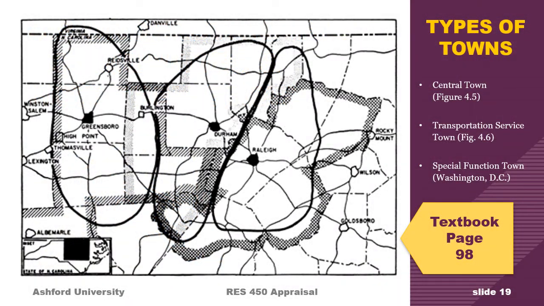The types of towns originally founded are central towns, as shown in figure 4.5, transportation service towns, as illustrated in figure 4.6, and there are also special function towns such as Washington, D.C. The purposes of towns and cities changes over the years as society progresses.